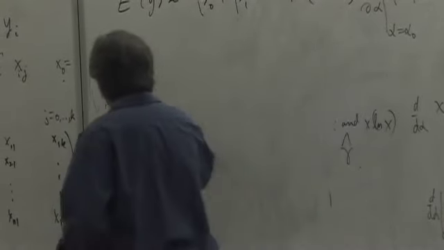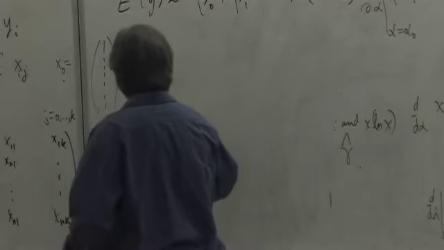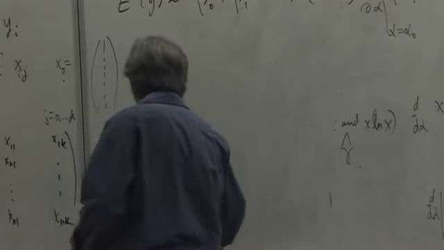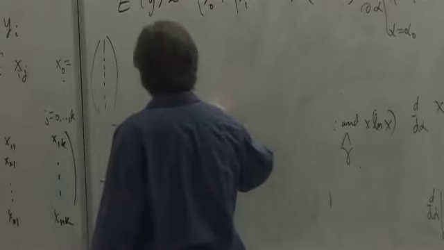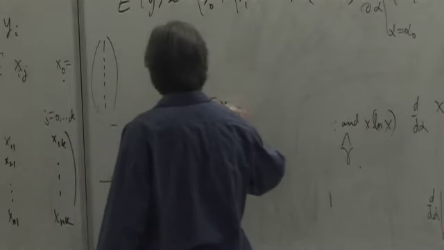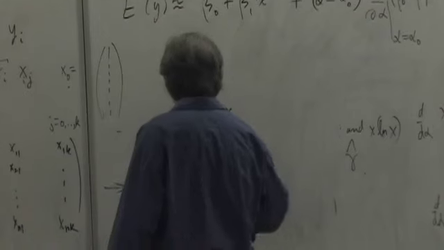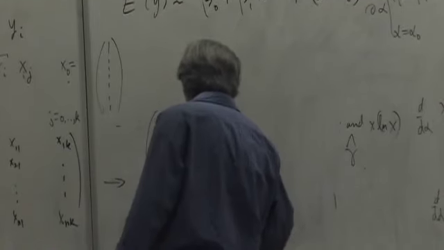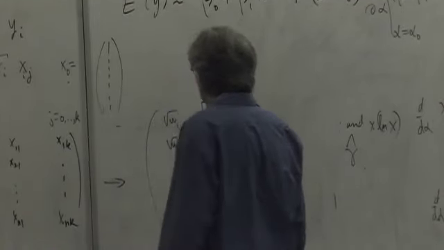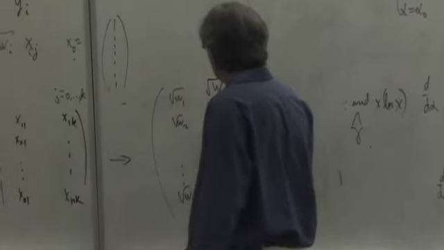So I'm just going to get the square root of w1, square root of w2, down to square root of wn. I'm going to get the square root of w1 times x11, square root of w2 times x21, down to square root of wn times xn1. So I just changed the column.